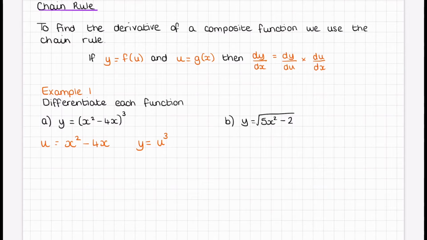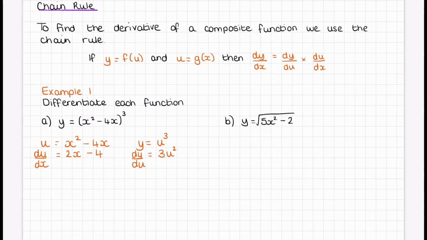The next step is to do the derivative of each of these. The derivative of u, du/dx, will be the derivative of x squared, which is 2x, minus the derivative of 4x, which is minus 4. And then the derivative of y, dy/du, equals 3u squared.